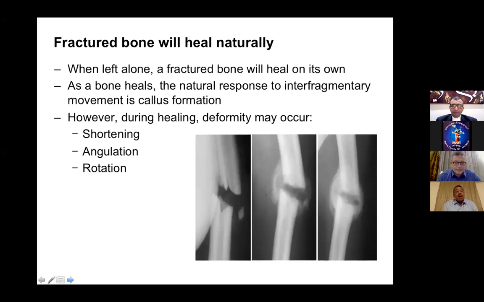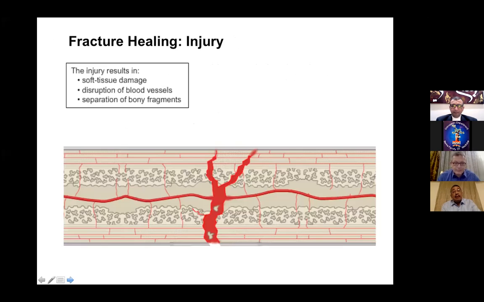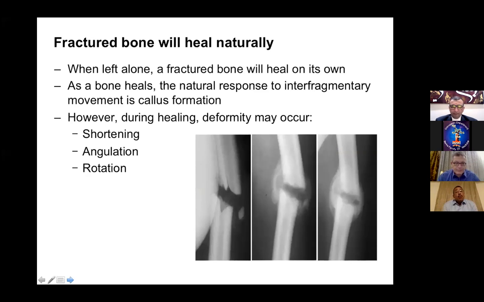Before we start to talk about the principles of internal fixation and the stability, we would like to talk briefly about fracture healing. Bones naturally heal by callus formation.